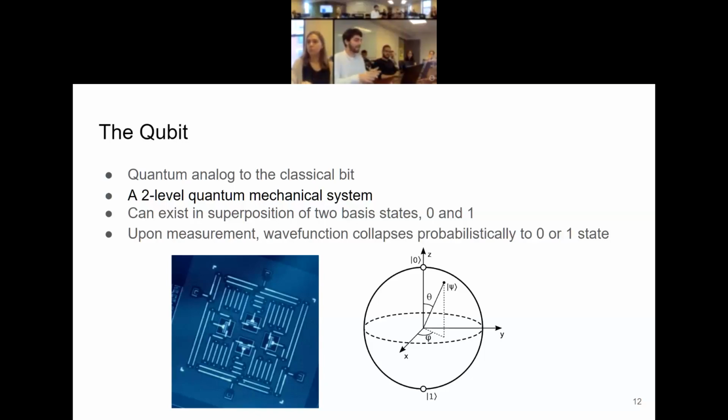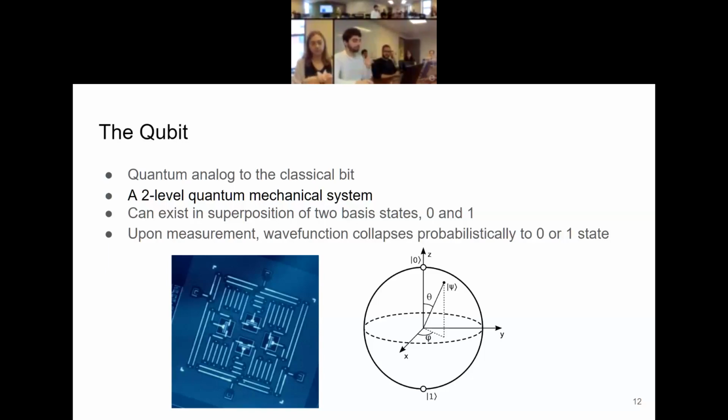Essentially, it can exist in some kind of state that before you measure it, it is probabilistically going to be 0 or 1. So for instance, a qubit in a certain state could have a 25% chance of being in state 0 and a 75% chance of being in state 1. And until you measure it, you can't in principle know that. Upon measuring a qubit, you get a classical bit in principle.